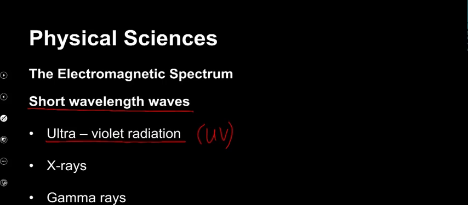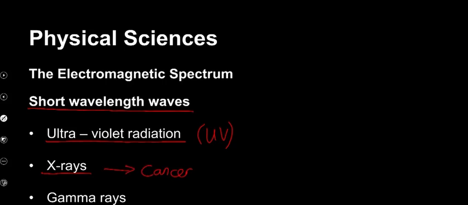The next category of short wavelength electromagnetic waves is the X-rays. These are those ones that are used by medical doctors to see inside the body and have a look to see if any of our organs or bones are damaged and in need of repair. These X-rays can also be used, because they are so high energy, to target cancer cells and kill them in a process known as radiotherapy.